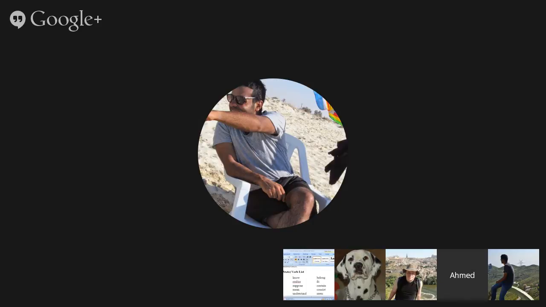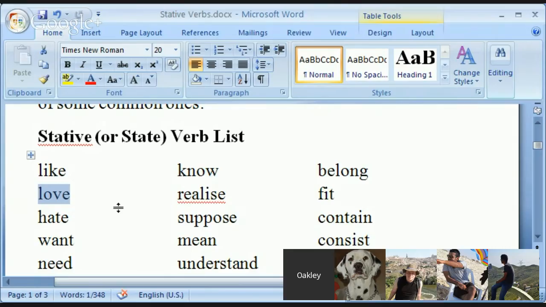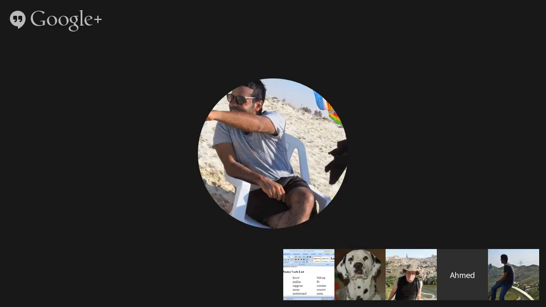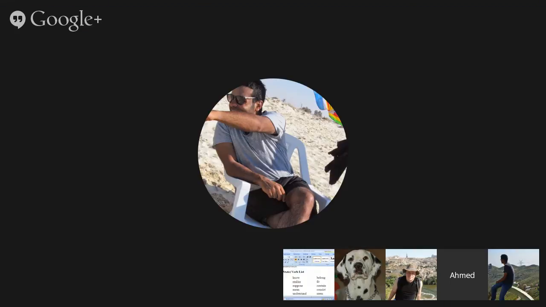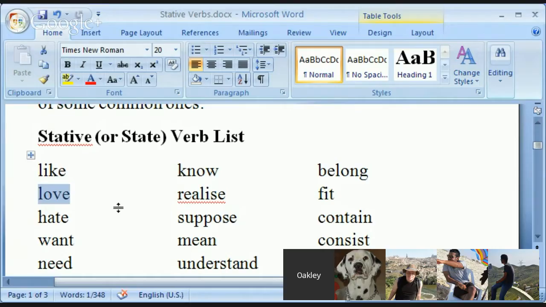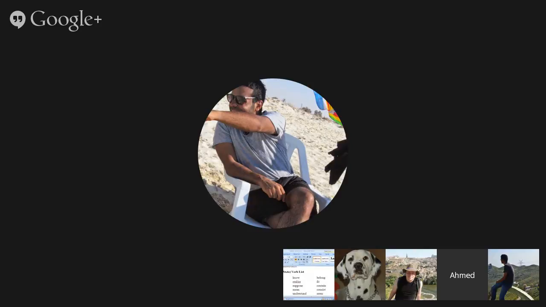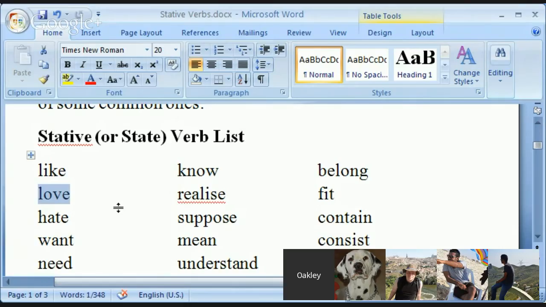But I think there's a slogan that McDonald's used, like "I'm loving it," you know. But this is not grammatically right, I think. Yeah, you are absolutely correct, Ahmed. You're so correct. I'm so angry with McDonald's for confusing my students. That's it. Yes. You are 100% correct, Ahmed.